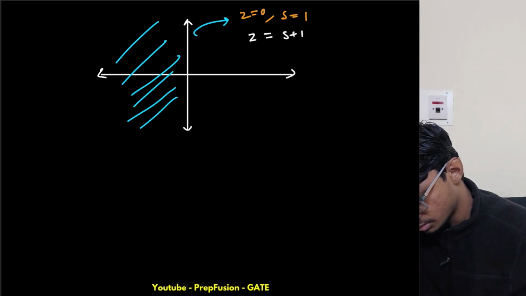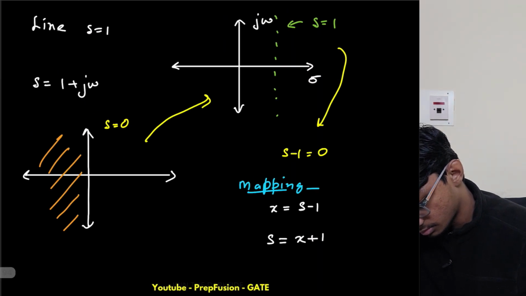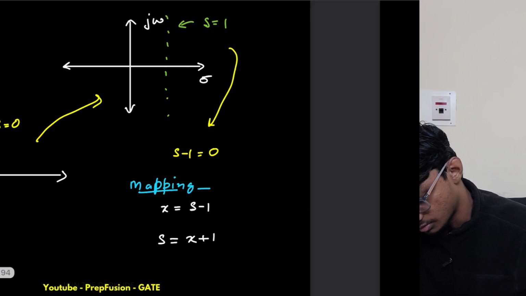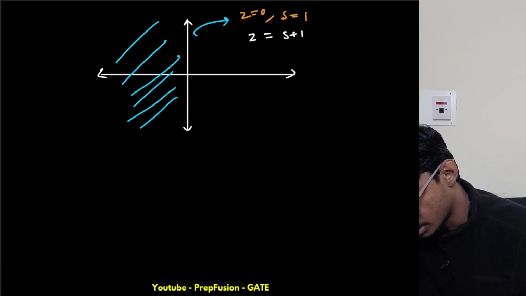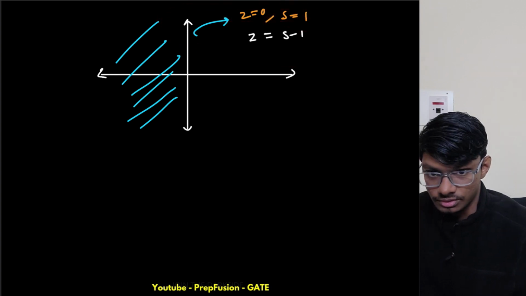Sorry, did I do something wrong? No, this is s minus 1, not s plus 1. So this represents two lines, z equals 0 and s equals 1, okay.